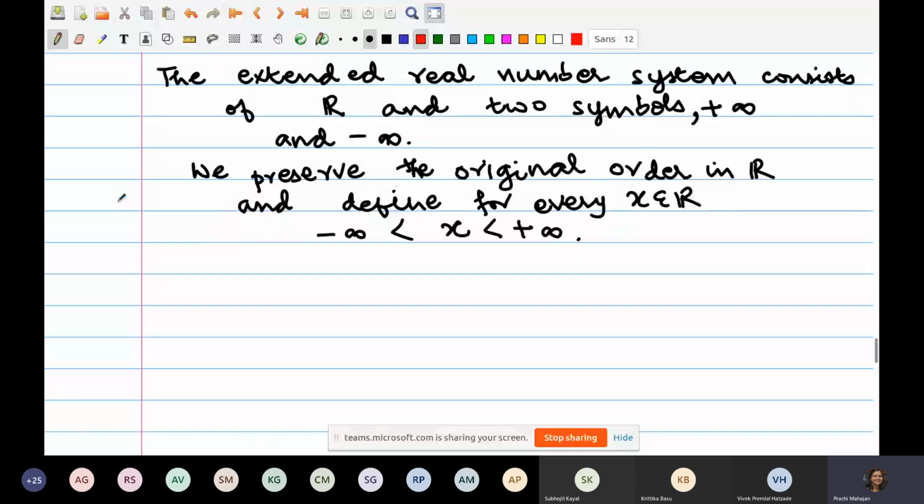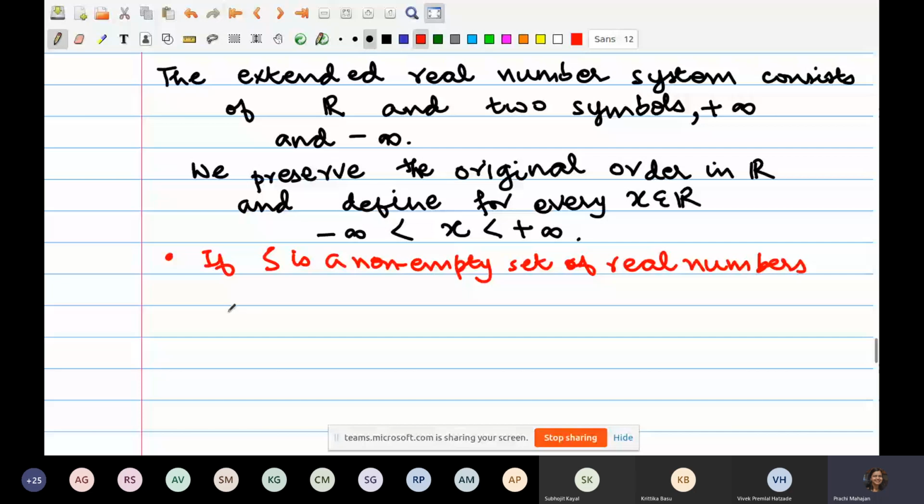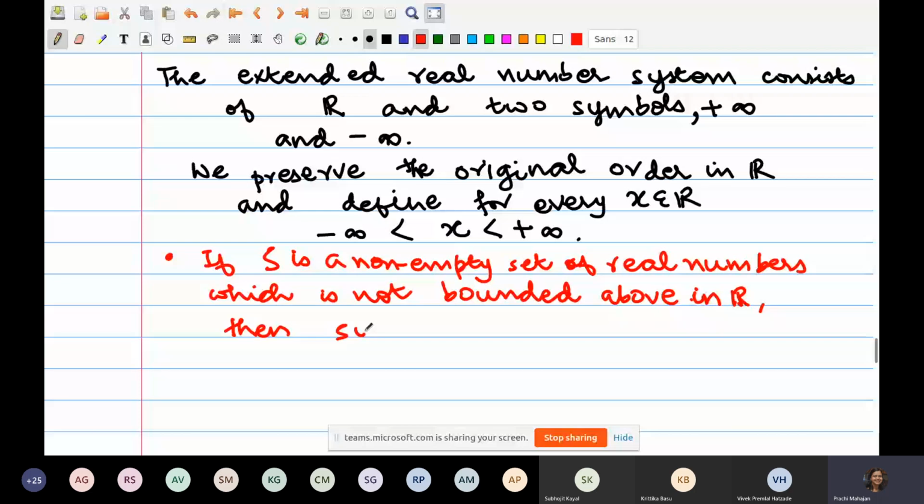So if S is a non-empty set of real numbers which is not bounded above, so it has no upper bound in the set of real numbers, then by convention the supremum of S is defined to be this symbol that we introduced above. This is in the extended real number system.